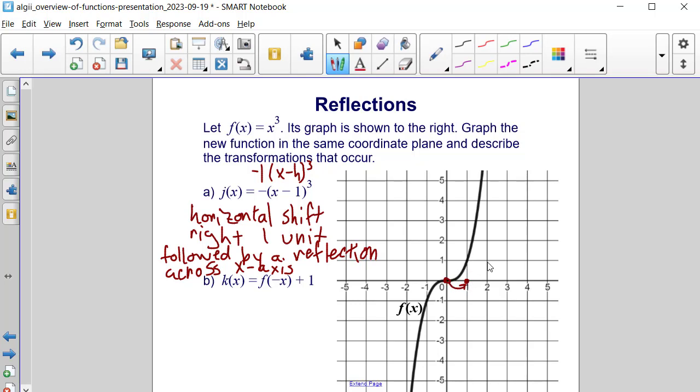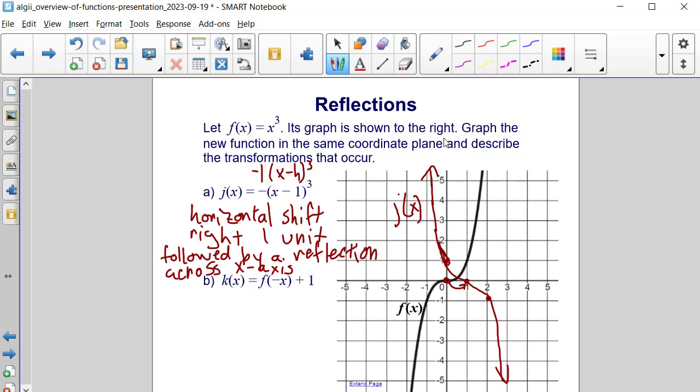But instead of this point after the translation being over here, it's going to end up being down here. And this one, instead of being here after the translation, it's going to be up here. So our function, after both transformations occur, will look something like this. So this is our j of x function.